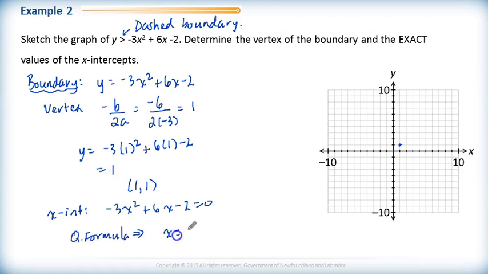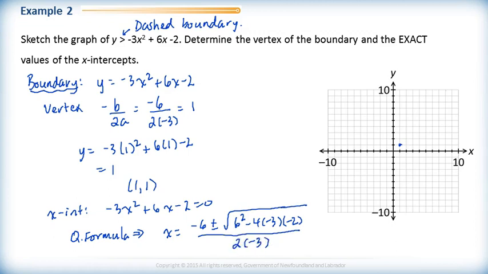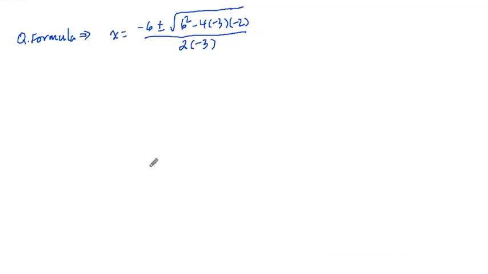So x equals the negative of our b value, that's negative 6 plus or minus the square root of b squared, that's 6 squared, minus 4 times negative 3 times negative 2, our minus 4ac part, all over 2 times negative 3. We'll have to finish that on the next slide.